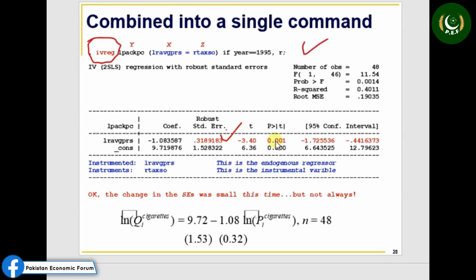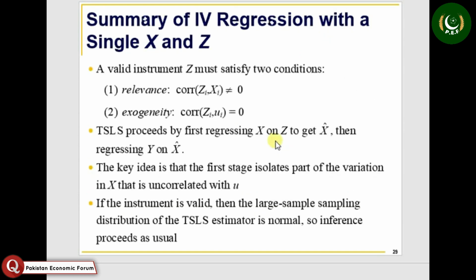So that is the main message. I'll try to summarize. You must have a relevant instrument Z which is correlated with X, and it should be uncorrelated with U. Two-stage least squares will be used.